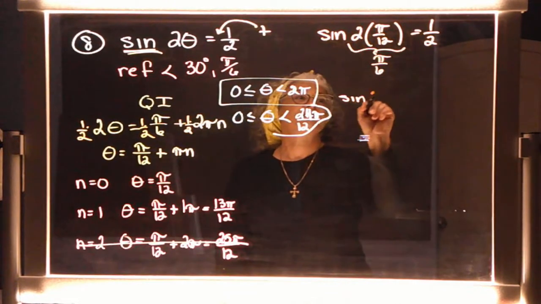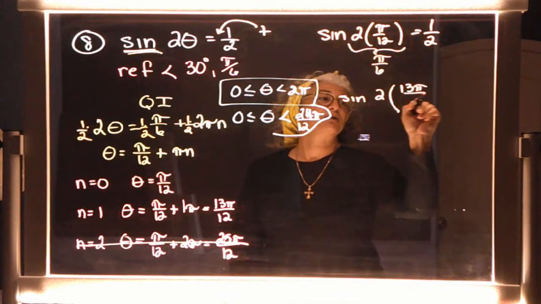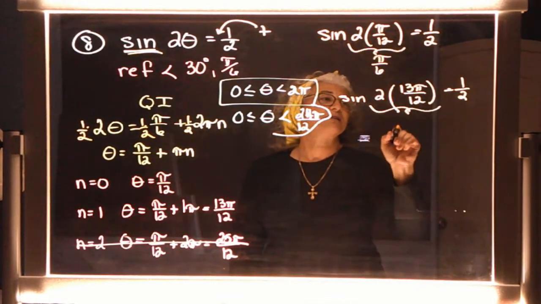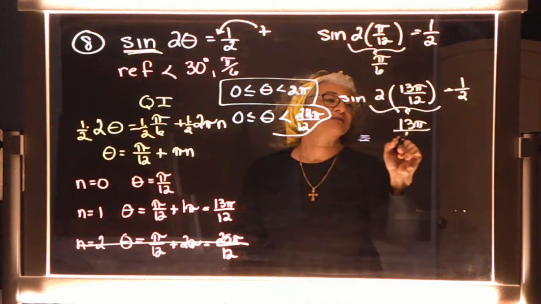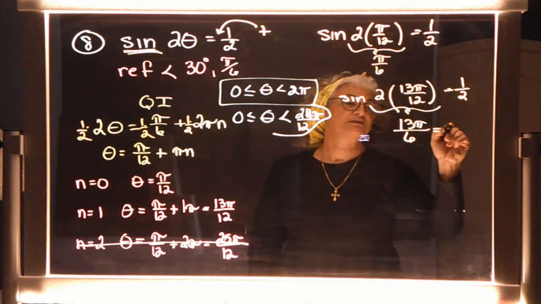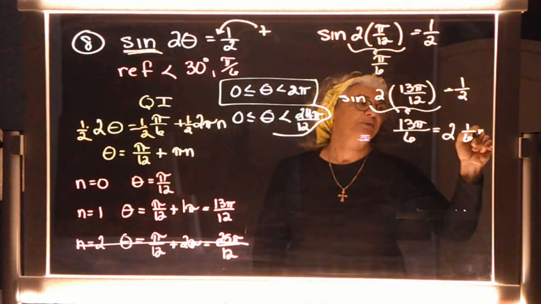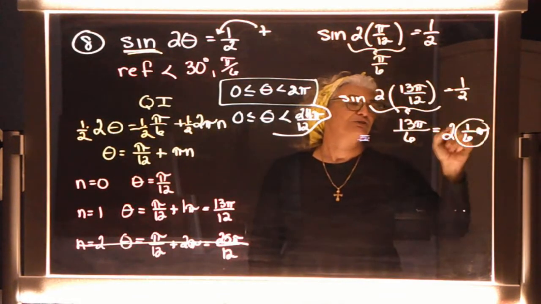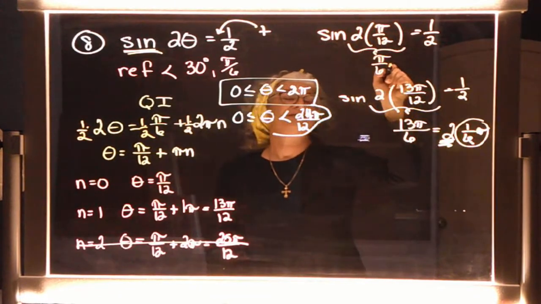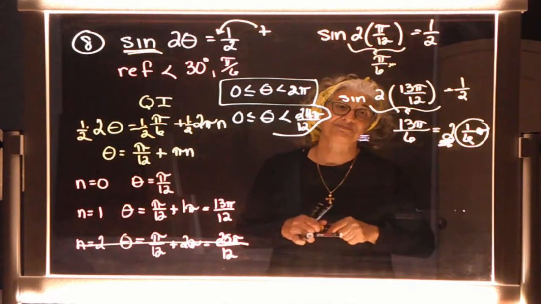If I take the sine of 2 times 13 pi over 12, multiplying these together, I get 13 pi over 6, don't I? Okay, improper fraction changes to a mixed number of 2 and 1/6 pi, isn't it? 2 times around the circle and another pi over 6. Pi over 6. That's how I know it's going to work.